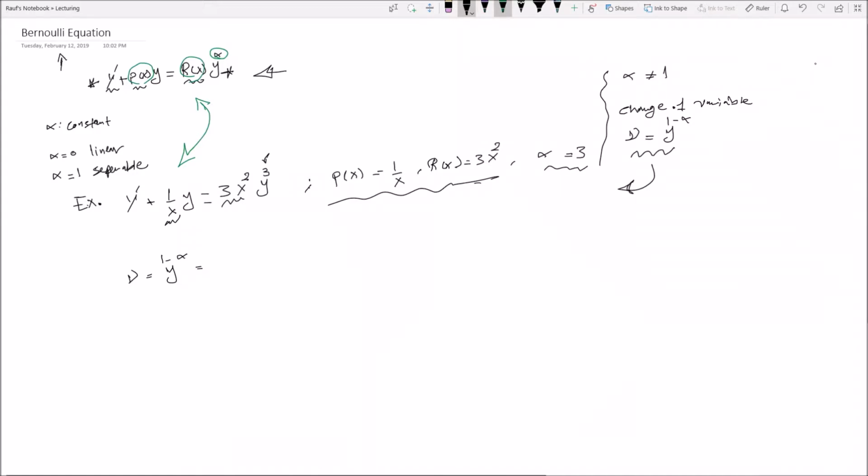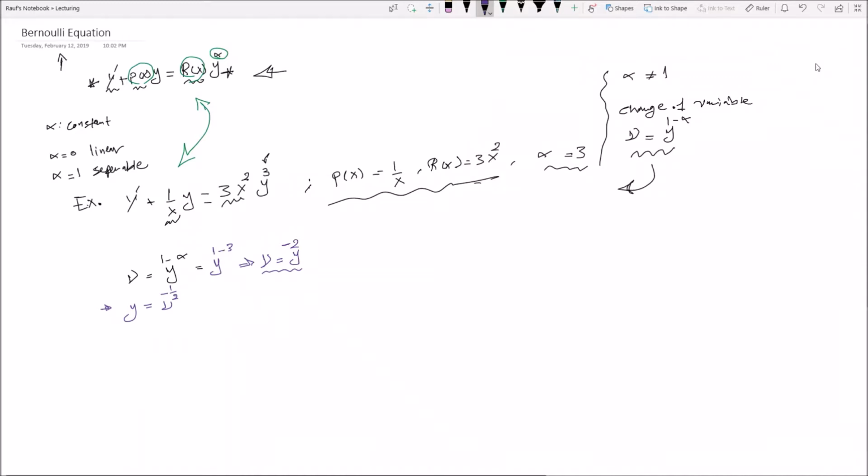So nu equals y to the power of 1 minus 3, which equals y to the power of minus 2. And if we rearrange this equation, y will equal nu to the power of minus 1 over 2.